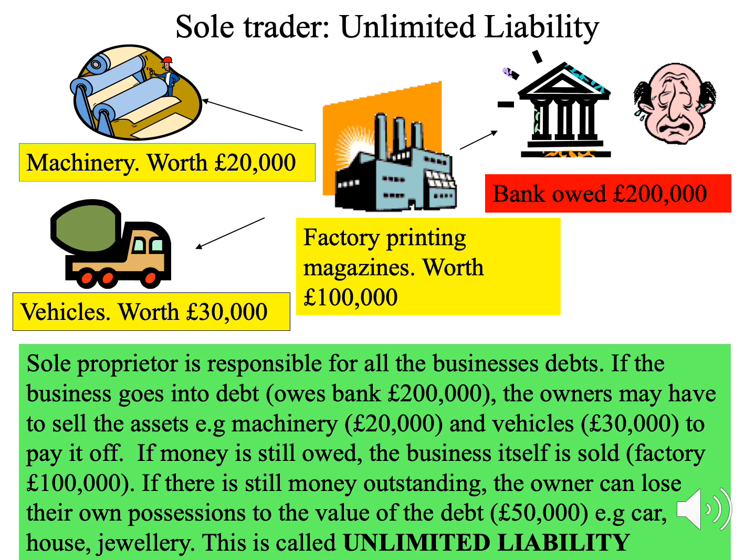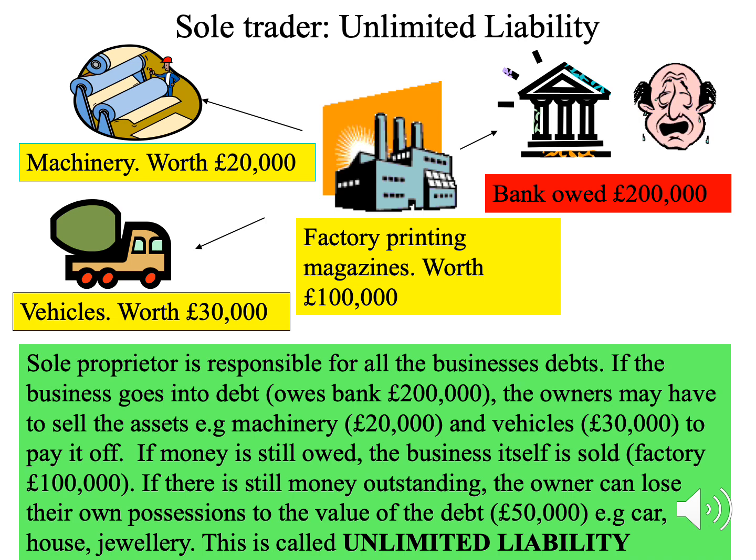Right, so liability. So if the business goes into debt, in this example, we can see that the bank is owed £200,000. Okay, the business, the owner, is the one that needs to repay those debts. Okay, and this is what's crucial to the idea of liability. Now, how's he going to pay the debts off?